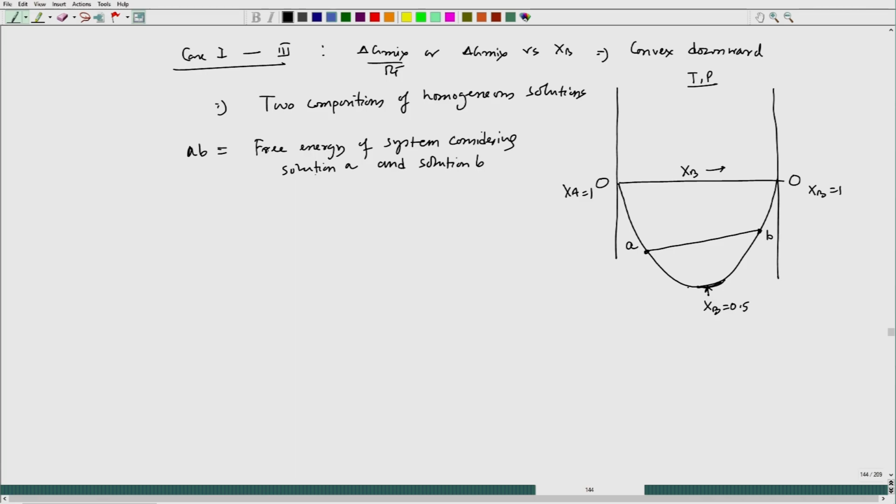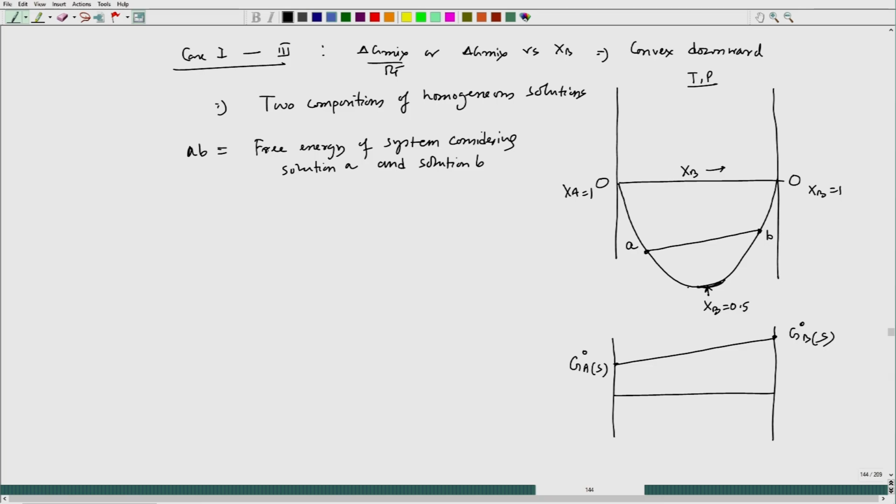Now, this straight line can be correlated with the pure metal. Let us say we have taken this one to be G A naught solid, and this one G B naught solid. If I try to see the free energy before mixing of two systems, then I can just draw a straight line like this.